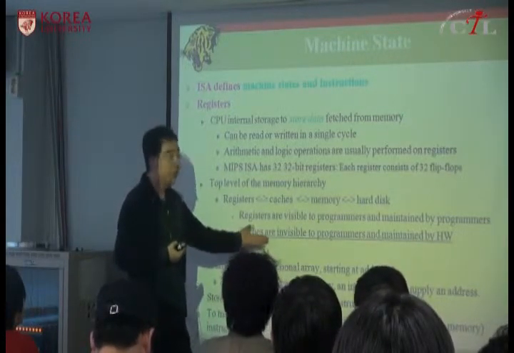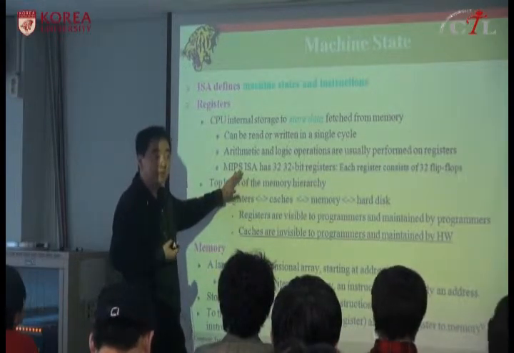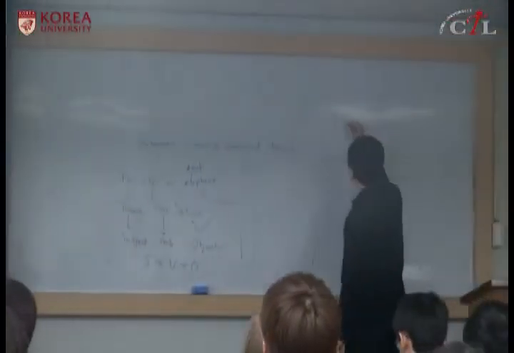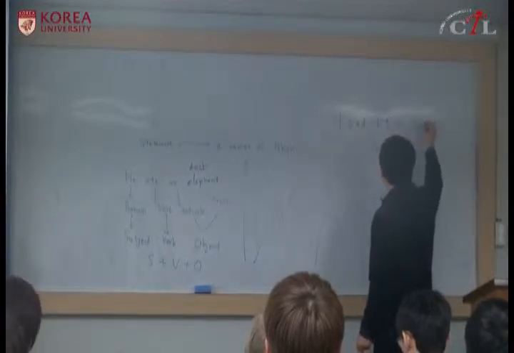So caches are invisible because to the programmer, there is only registers and memory. To the programmer, there is only this kind of instruction: load R1, R2.